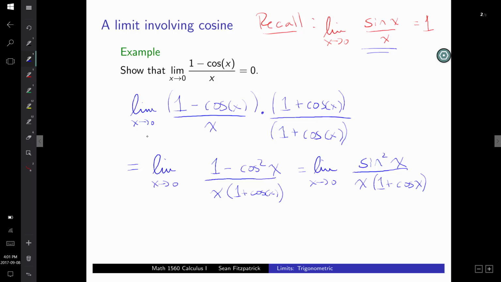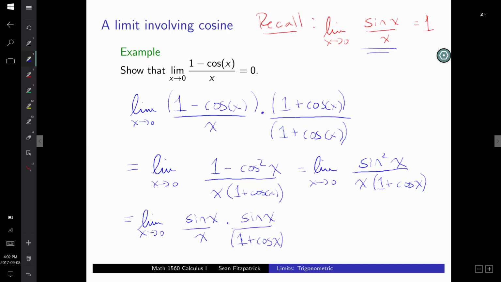Sine squared is sine x times sine x, right? So I'm going to break that apart into two pieces. I'm going to take one of those sine x's and group it with that x on the bottom. And I'm going to take the other one and put it with everything else, the 1 plus cos x.